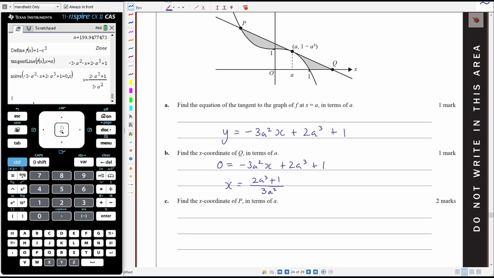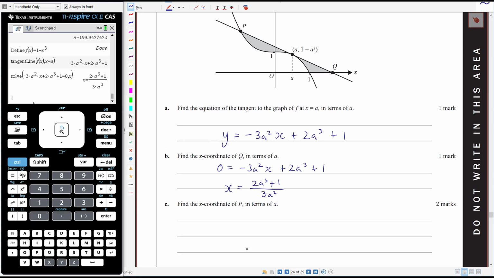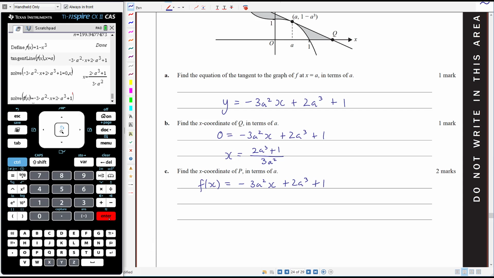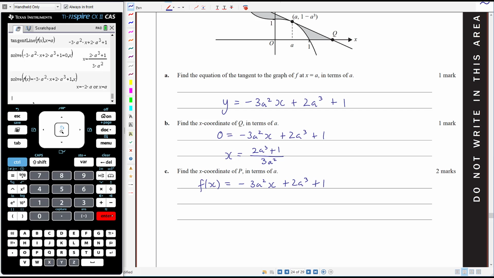We've given that there. Find the x-coordinate of p in terms of a. Okay, so we now want to look at where the function intersects with the tangent, which is negative 3a squared x plus 2a cubed plus 1. So we're solving our function equal to our tangent for x.